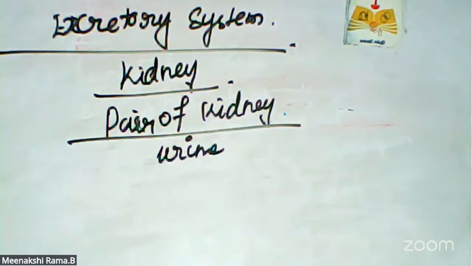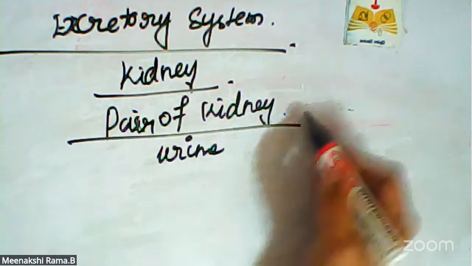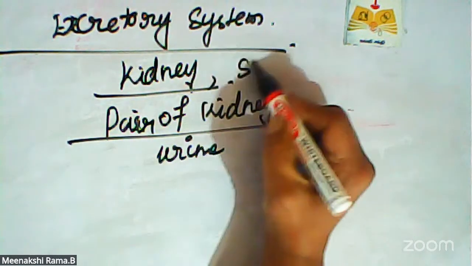Okay, so if the waste products are accumulated, not eliminated, they become harmful and poisonous to our body. Hence, excretion is an important role of our body. What are the excretory organs? Kidney and then skin also.